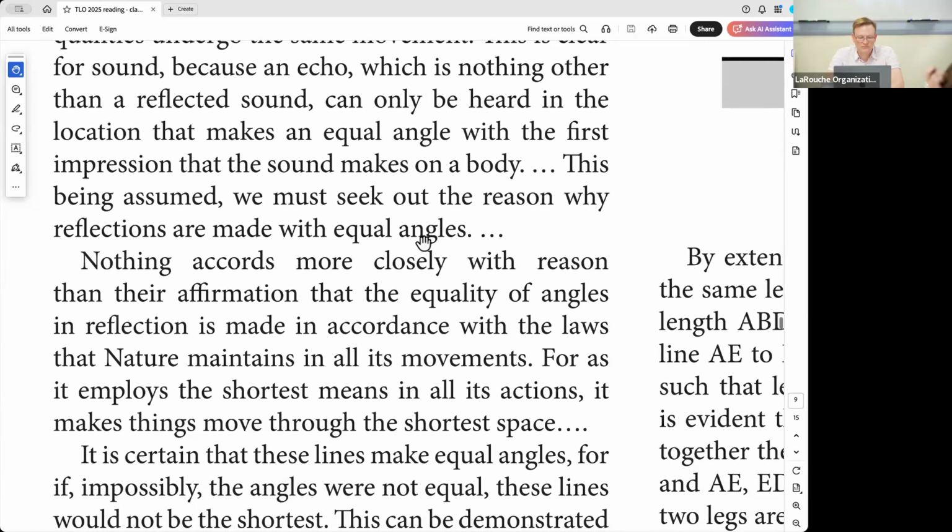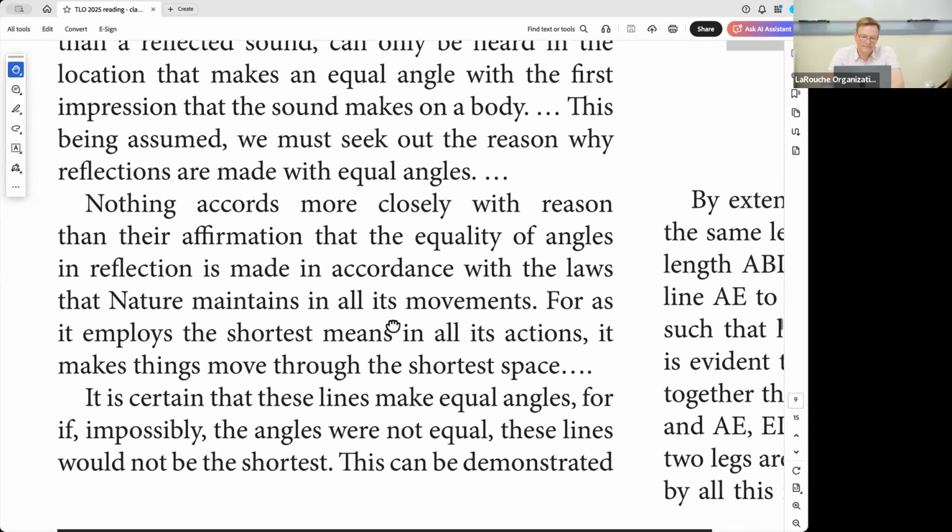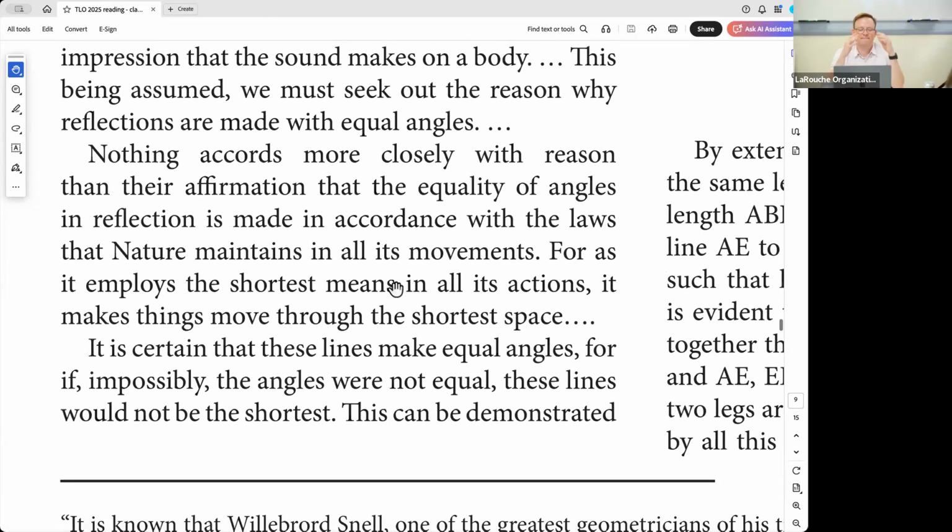This being assumed, we must seek out the reason why reflections are made with equal angles. Nothing accords more closely with reason than their affirmation that the equality of angles in reflection is made in accordance with the laws that nature maintains in all its movements.